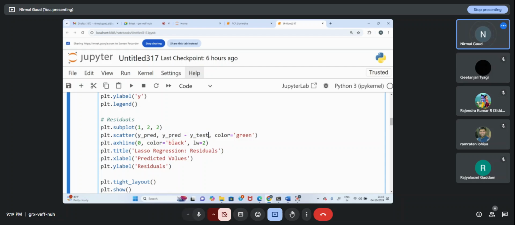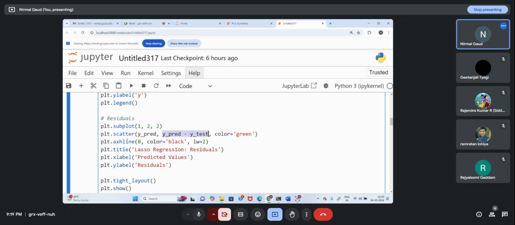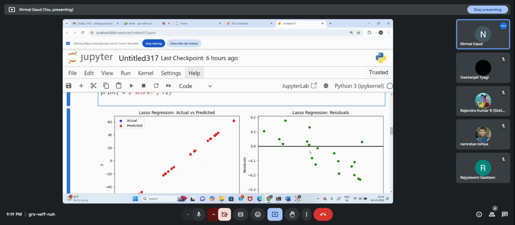So prediction and prediction minus actual. This is residual, and this is y predicted. We can make a scatter plot between them also. That's what has been shown. Residuals. Okay, so this is about Lasso.